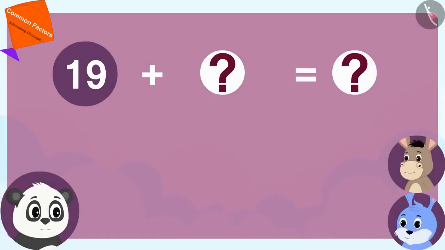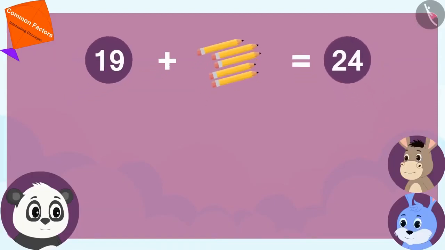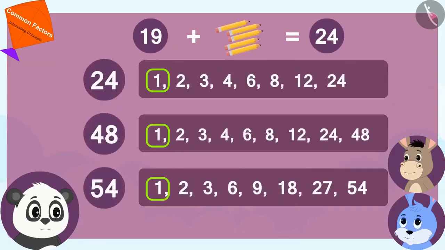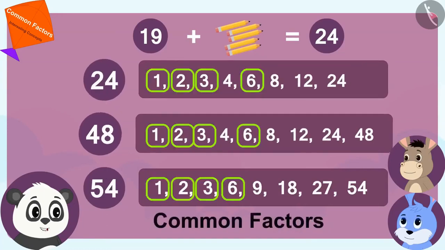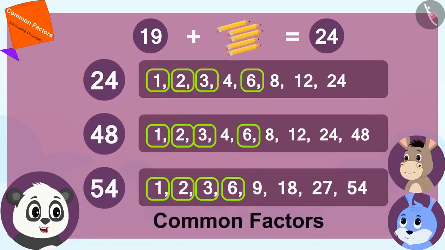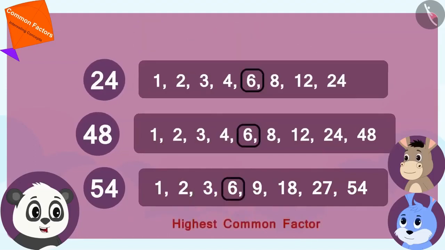Oh wow! If I add 5 pencils to 19, there will be a total of 24 pencils. Here, the numbers 1, 2, 3 and 6 are the common factors of 24, 48 and 54. And 6 is their highest common factor.